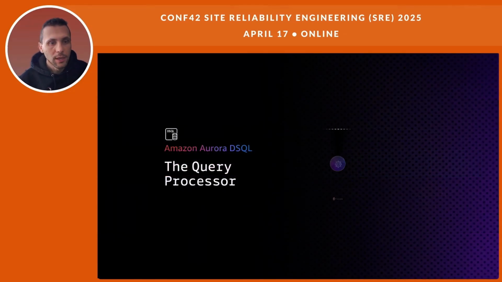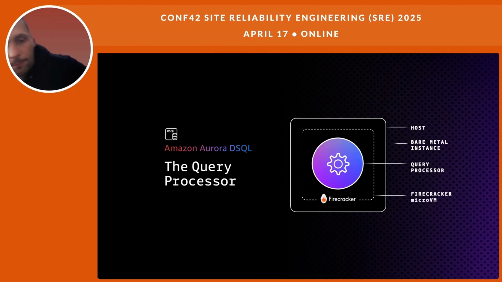So let's talk a little bit about the query processor, because there is a lot of innovation that has been created behind the scenes. As you've seen, the query processor is doing a lot of work. It is the heart of where the SQL architecture runs. It runs inside what we call a Firecracker micro virtual machine, which is where the query processor is hosted within a server, in this case, a bare metal instance.